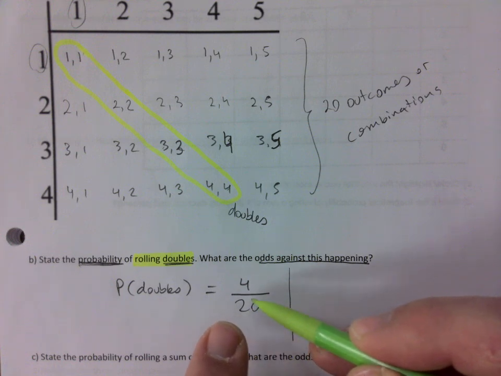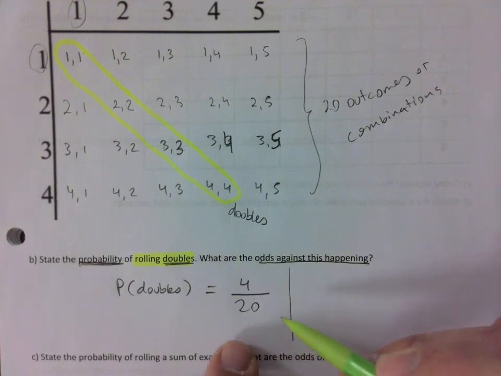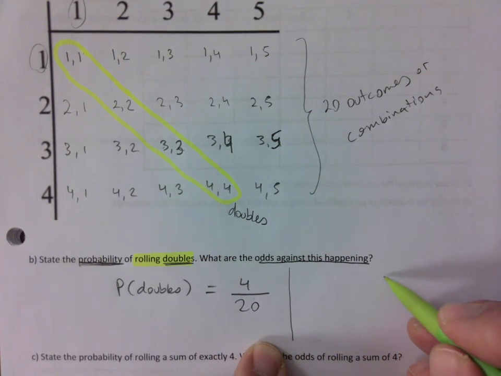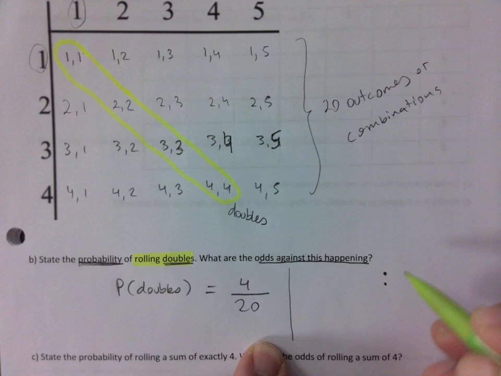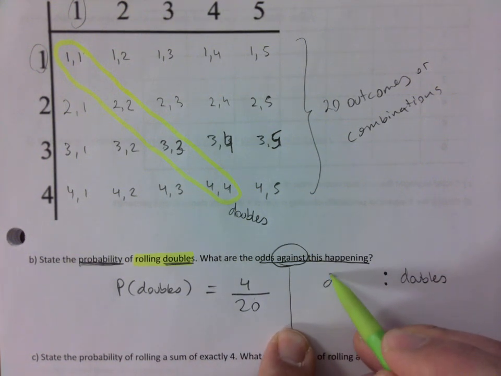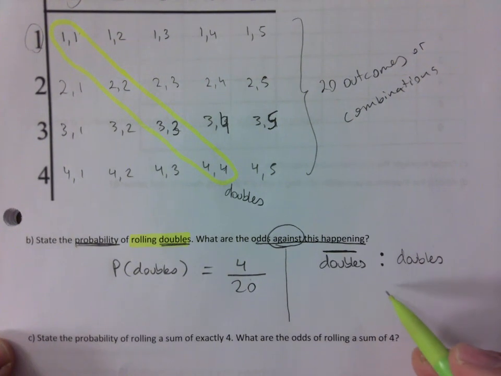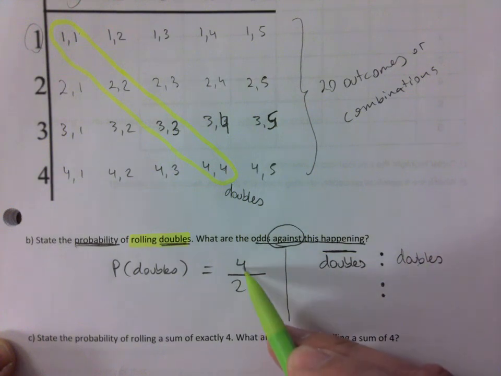In this case, I'm going from probability to odds. All right, guys? So, first of all, if it says against, this word against means that doubles will go on this side, and this would be therefore anything that is not doubles. That's what against means. The first one I focus on is the doubles, because that's easy to figure out. It's 4.